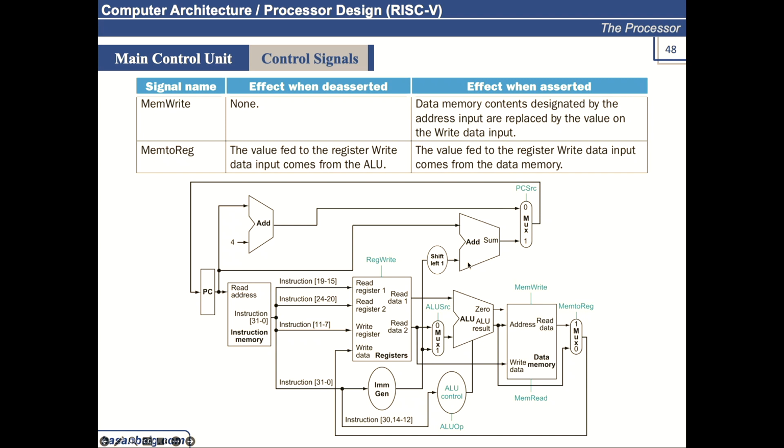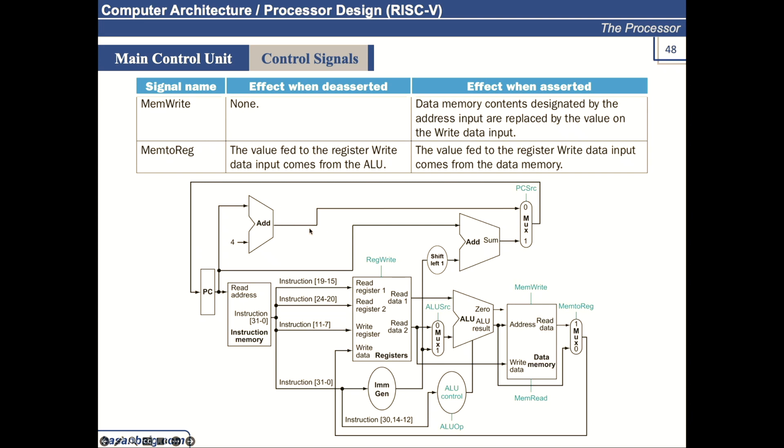Any other question? What's the difference between PC source and just PC? PC source is a select signal for the multiplexer, which selects which input to route at the output of this mux. PC source will decide what is the source of the program counter.